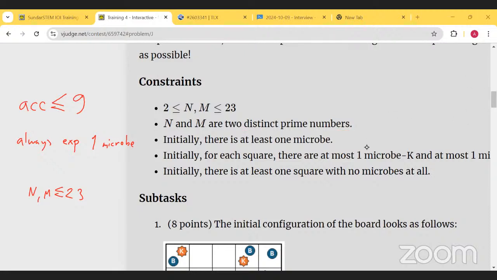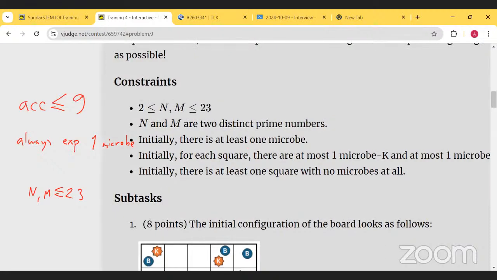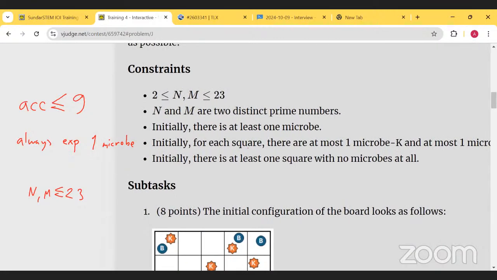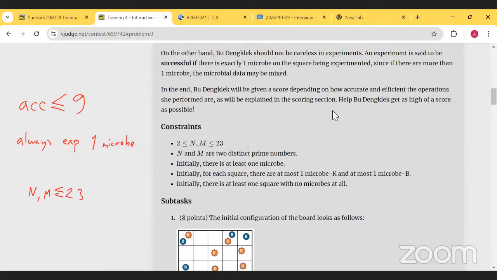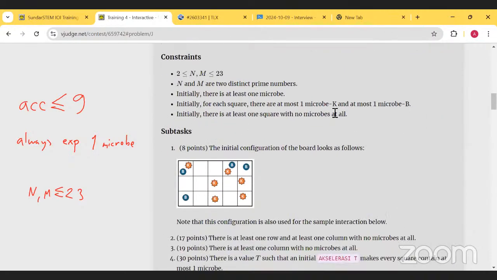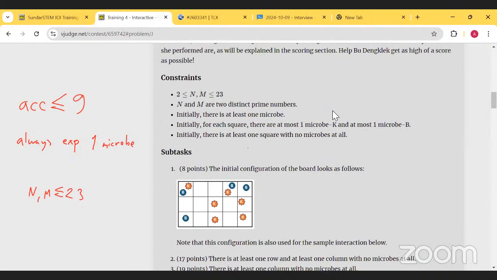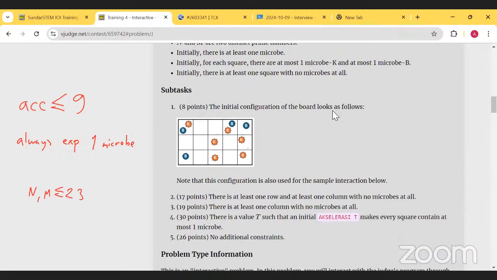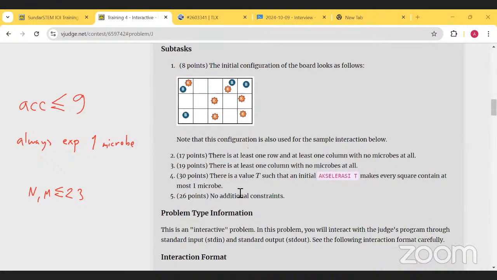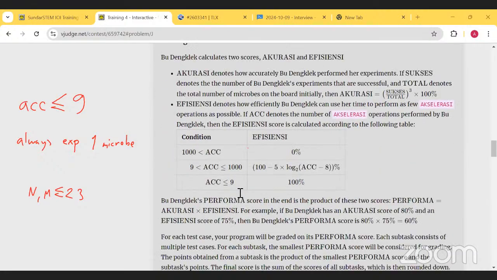And then there is at least one square with no microbes initially. Okay. Did you understand the problem? Okay, great.